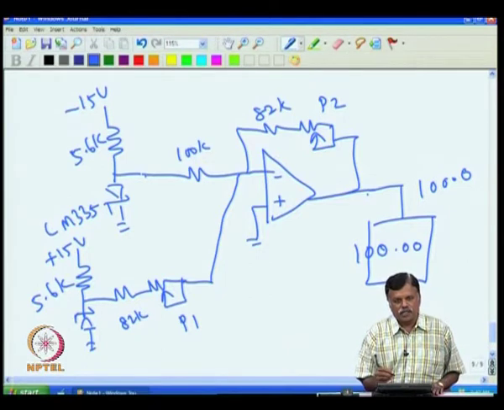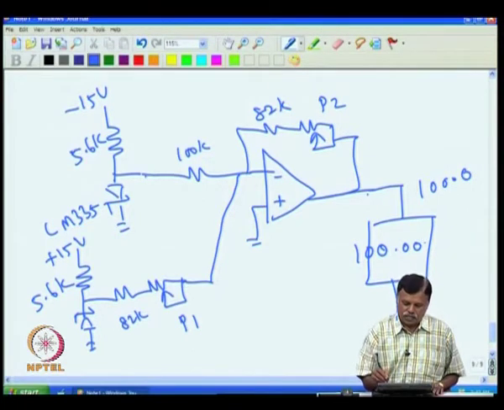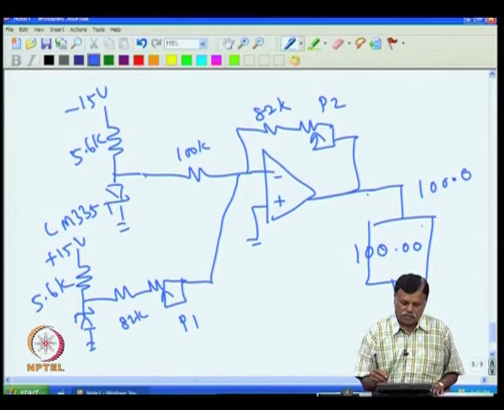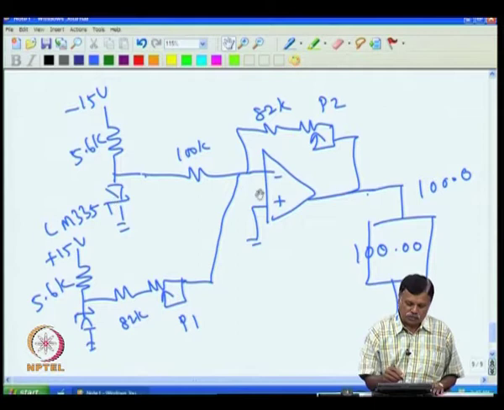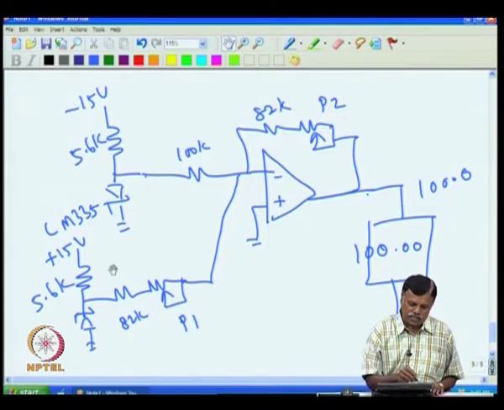Of course, there are several issues still. We may ask how accurate is this sensor. Once you calibrate, the instrument will give you 0 degree C as 0 volt, 100 degree C as 1 volt. But then when the room temperature changes, not the temperature of this, assume this temperature is fixed, it is not changing, but the room temperature is changing, then all these components which are in the room will change.